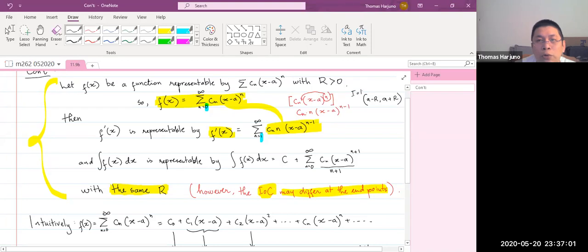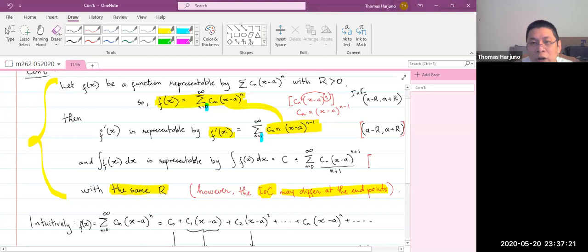Now, when you do the derivative, it is possible the radius of convergence is still the same, the center will still be the same, but it may differ here. It may become a closed interval on one side or both sides.